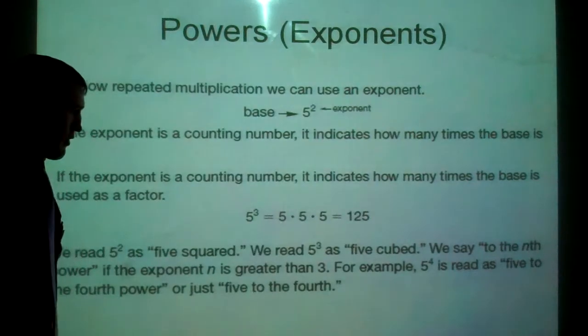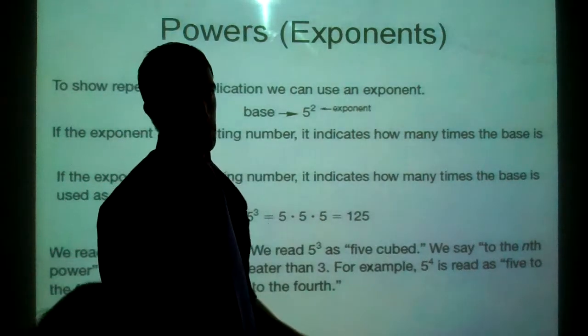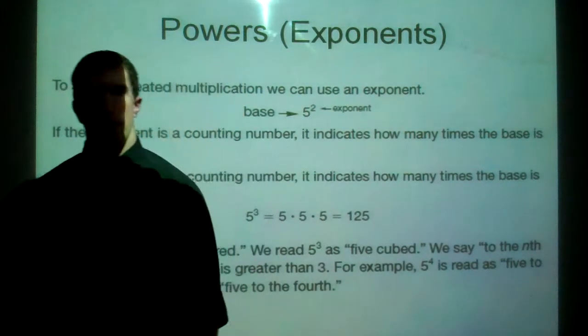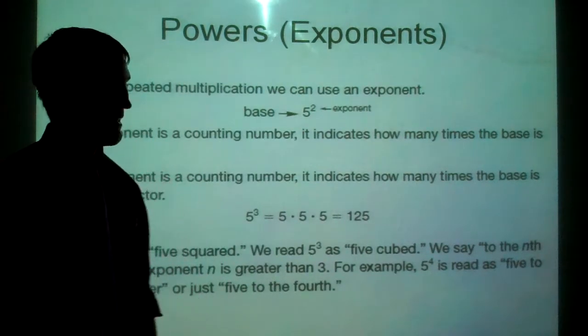Okay? Anything 4 or above to that power, we say to the nth. Let's say we had 5 to the fourth power here, we would say 5 to the fourth power, or just 5 to the fourth. So you'll hear me use a lot of that terminology. 5 to the fourth saves on time. Don't have to say 5 to the fourth power every time.